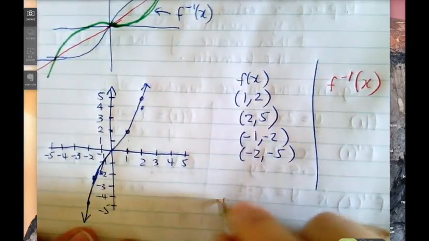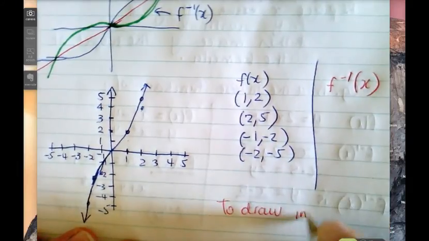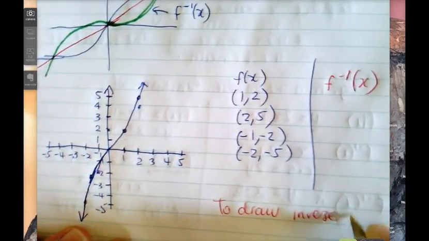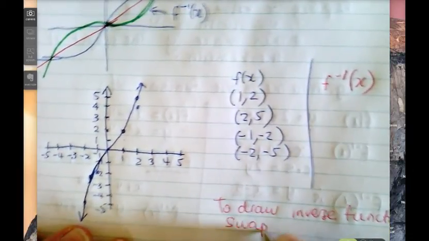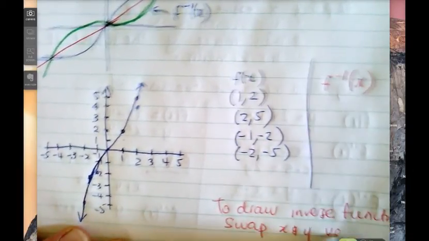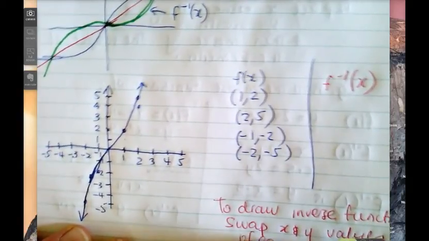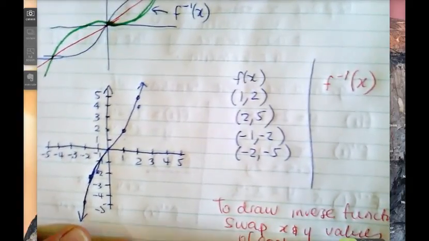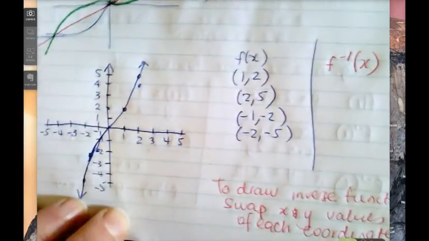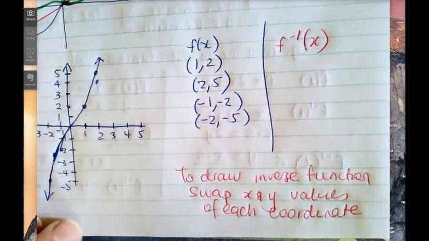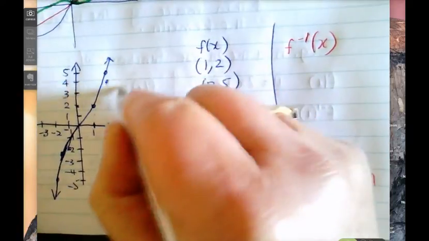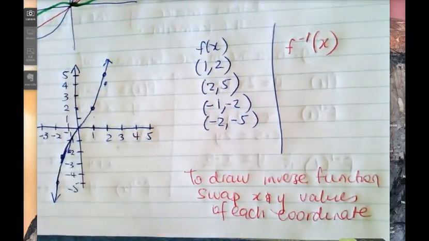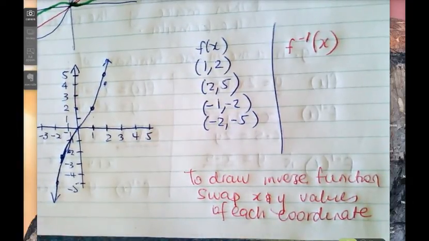So to draw the inverse function, even if you don't know what this function is, you just swap the x and y values of each point, of each coordinate, and draw. And then we'll draw the line y = x when we're done and see if we think it's a reflection. I mean, yes, this is going to be a reflection in the line y = x. We know that. But to make it accurate, you need accuracy when you're drawing an inverse function.